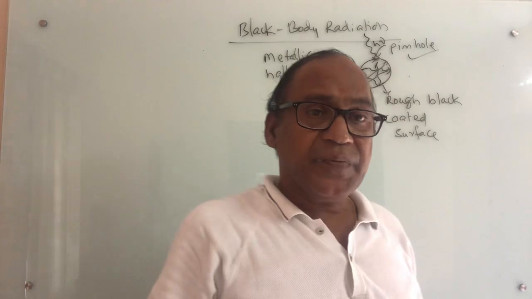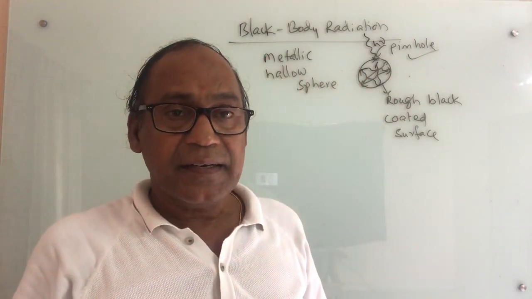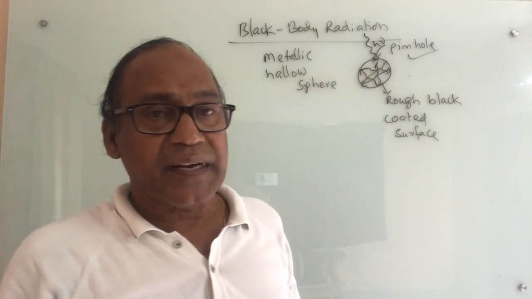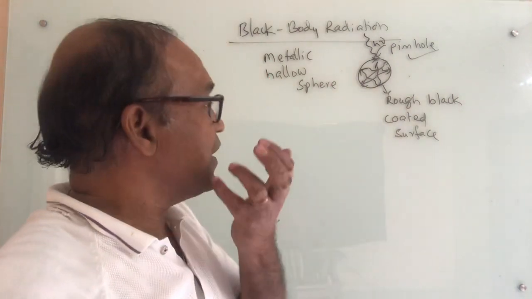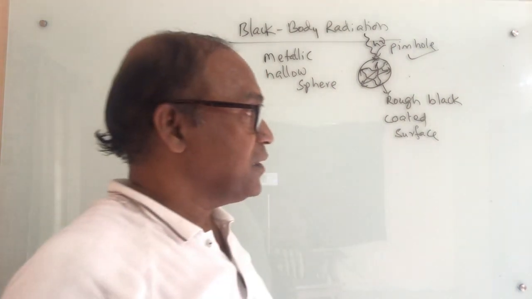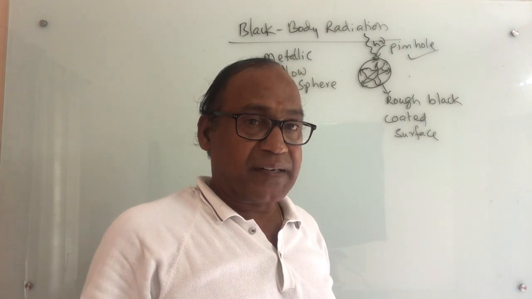After taking an infinite number of reflections inside, its total energy of the light is absorbed. In that way we can explain that it acts as almost a perfect absorber of light energy.